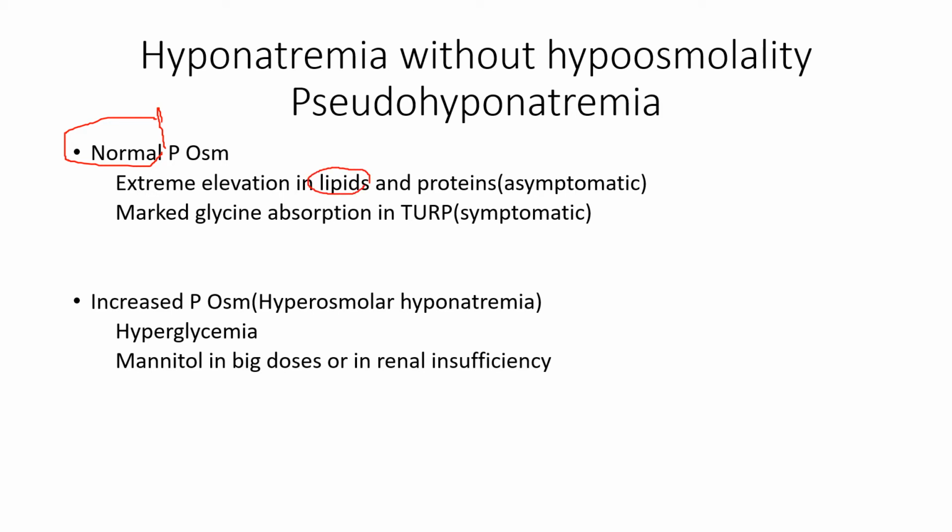And the second condition is marked glycine absorption observed in TUR syndrome. The explanation of the hyponatremia in the presence of excess lipids in the circulation is technical measurement of the sodium itself. In the classic method, the sodium is measured in the whole plasma, both aqueous and non-aqueous form.